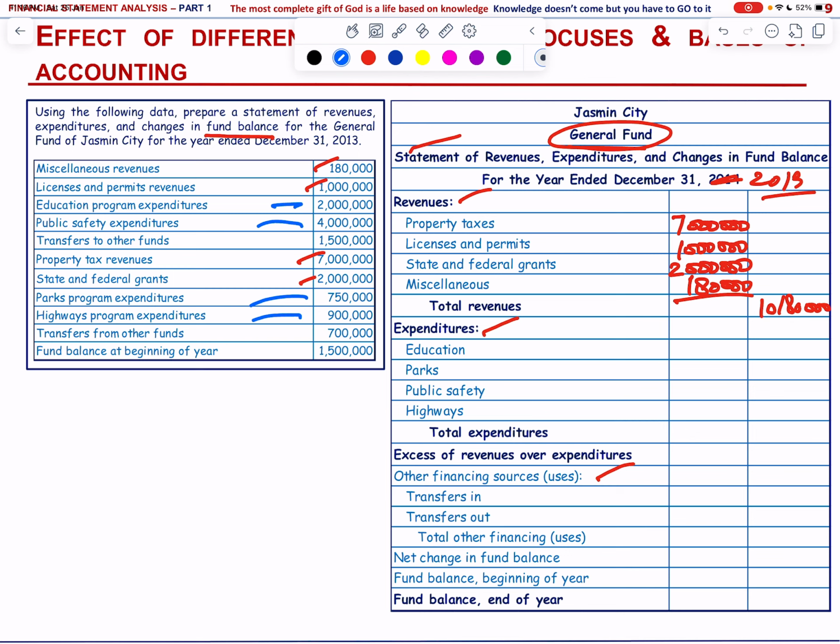We have the education, 2 million. Then we have parks, 750,000. Then we have public safety, 4 million. Then we have highways, 900,000. And the total is 7,650,000. So the difference, that is excess of revenue minus expenditure, will be 2,530,000.